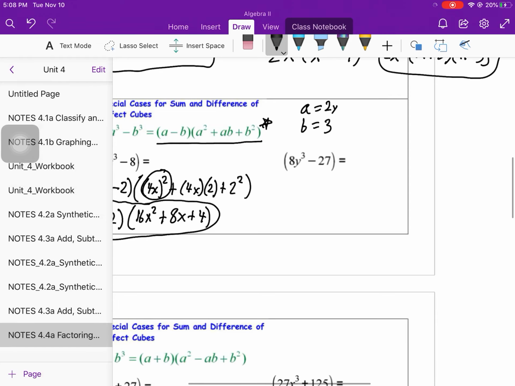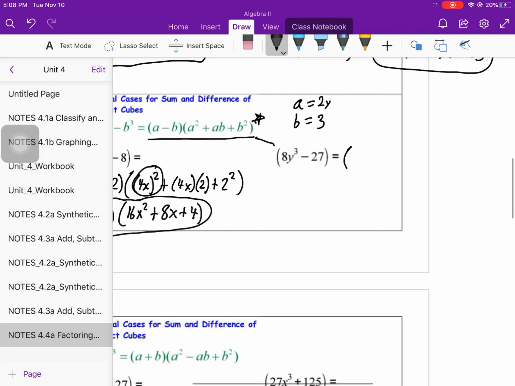So let's fill this out. Remember, we're going back to this equation over here. The first one is 2y minus 3. Then we get a squared, which is going to be 2y squared, plus 2y times 3, that's our a times b, plus 3 squared for the last part.